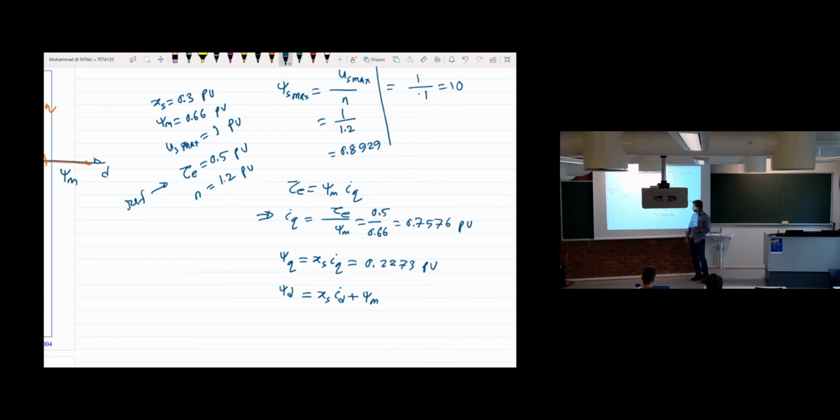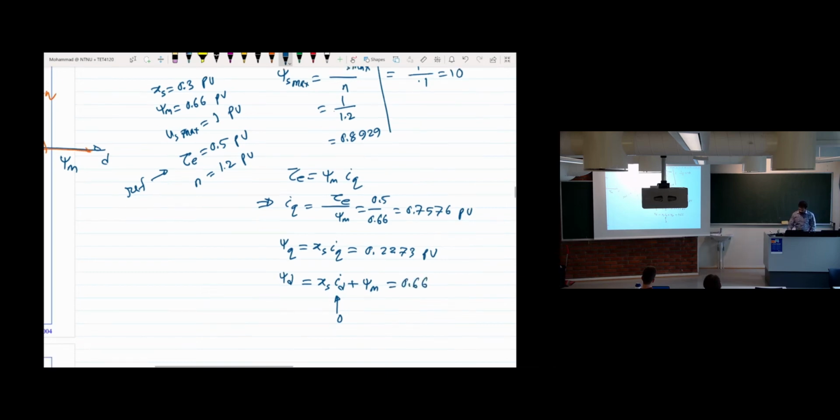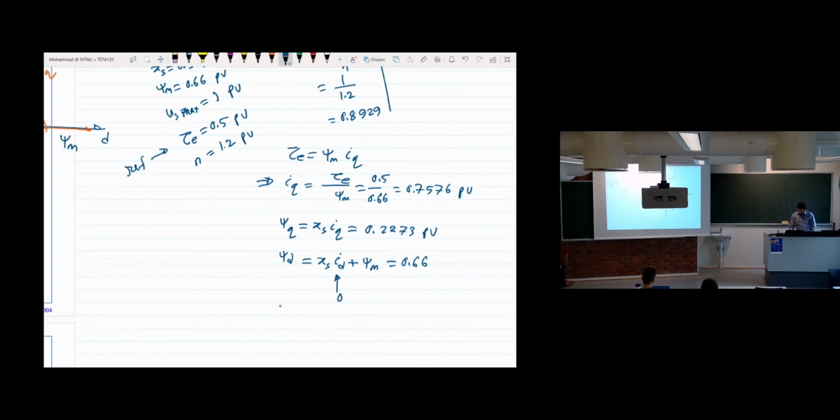If the d-axis current is 0, then we get psi d, which is the same as psi m, 0.66. And now, if you calculate the stator flux, psi s, which is the square root of psi d squared plus psi q squared, that gives you 0.698 per unit.